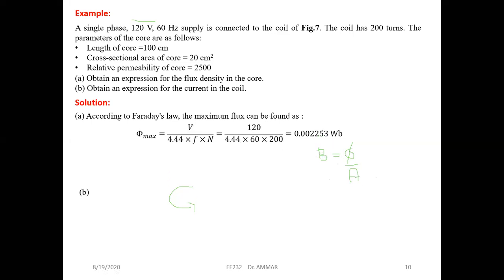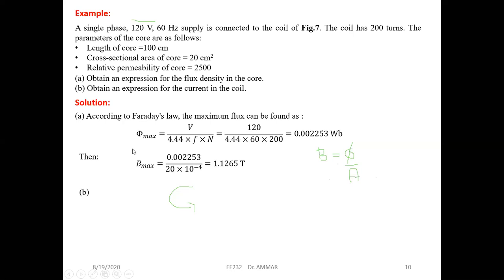Phi max equals V over 4.44 times F times N, and it's equal to 0.002253 Weber.